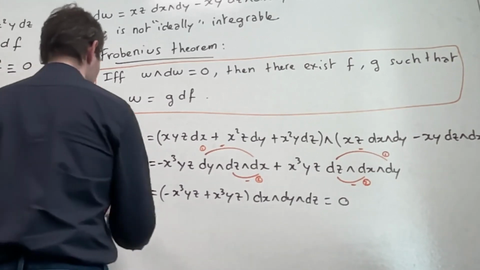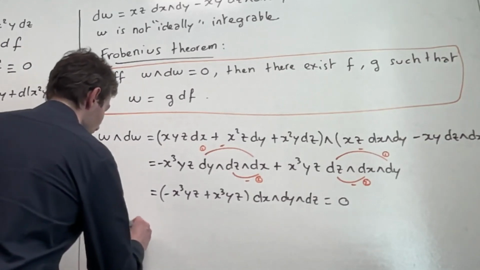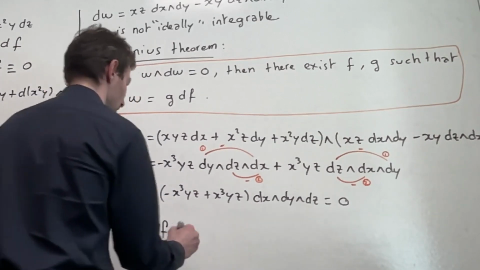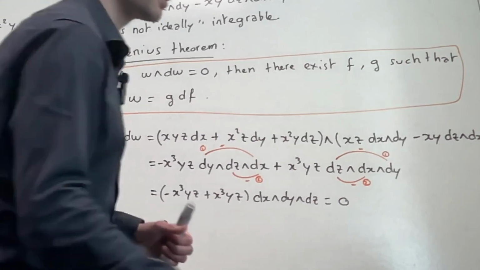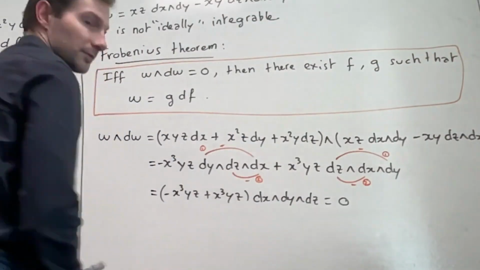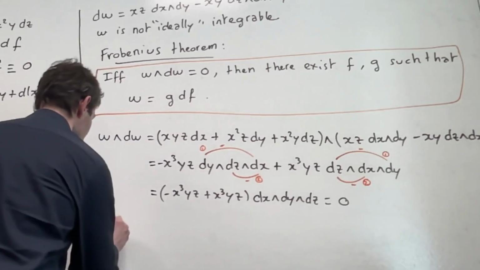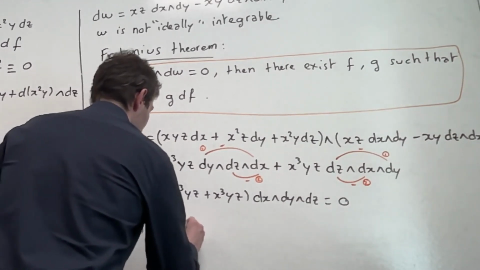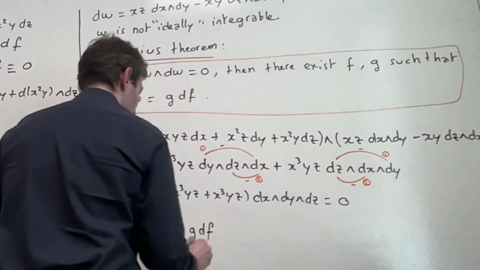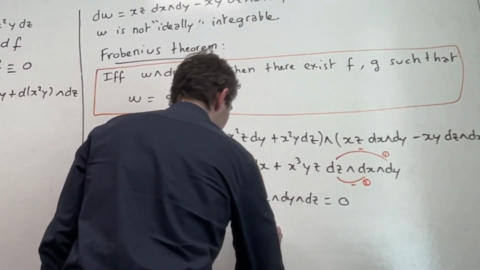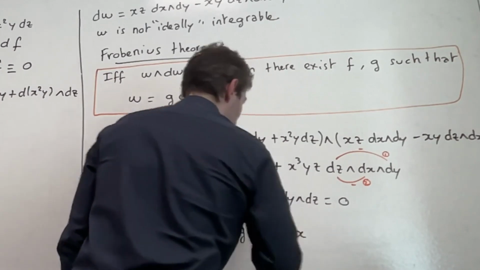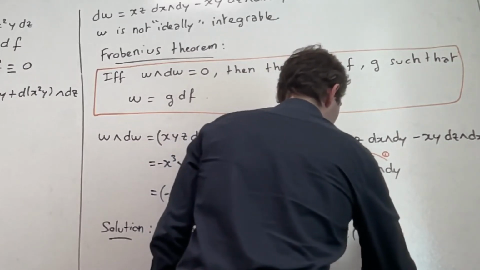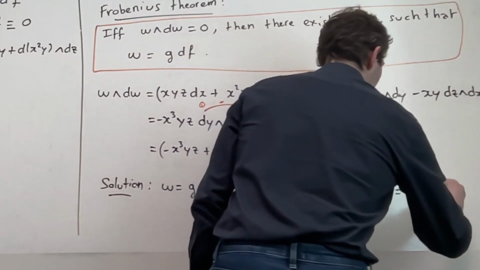What I can tell you is that you can check for yourself that the solution is omega equal to g df, where g of x, y, z is simply x, and f of x, y, z is the product of x, y, and z.